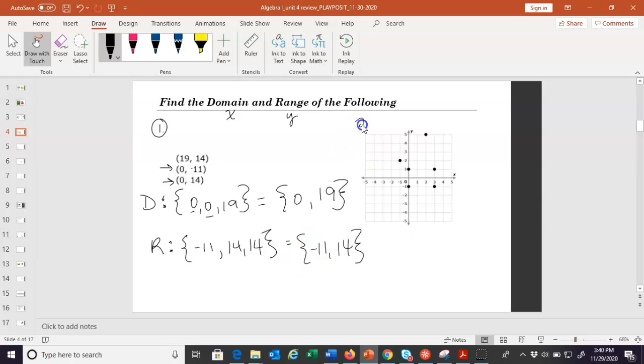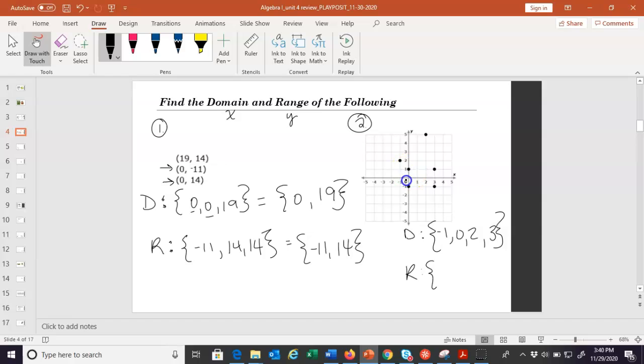All right, if we look at example 2 here, again, the domain are the x values and the range are the y values. So the x values in this example, we just got to pick them off the graph: -1, 0, 2, and 3. Those are all the x values in those coordinate points.